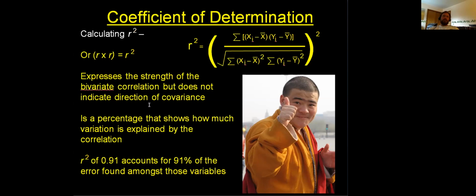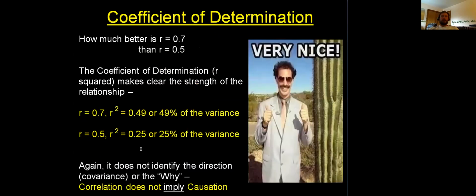So the way that you say it is like an R squared of 0.91 accounts for 91% of the error that can be found amongst those variables. Perhaps this helps a little bit. So how much better is an R of 0.7 than an R of 0.5? They look pretty close. You know, 0.5 is halfway between 1 and 0.